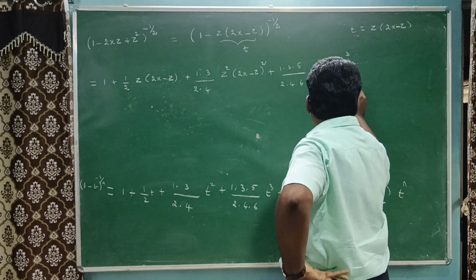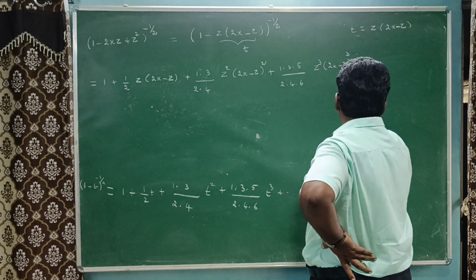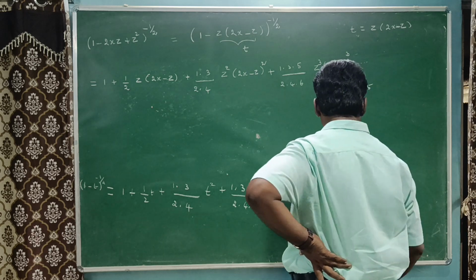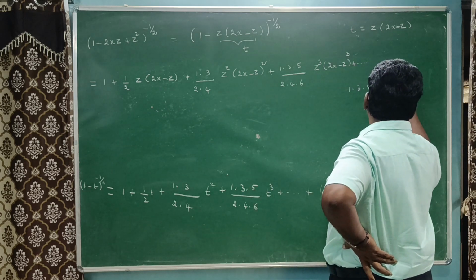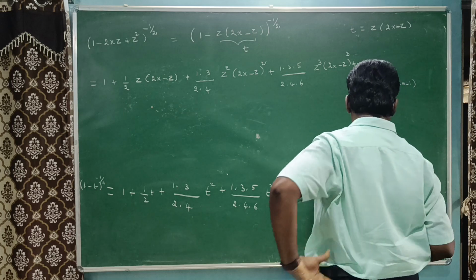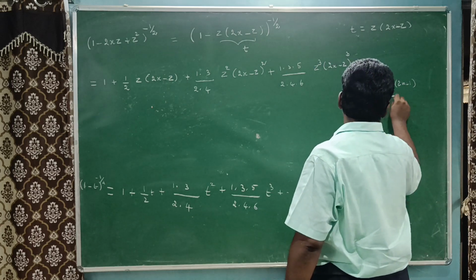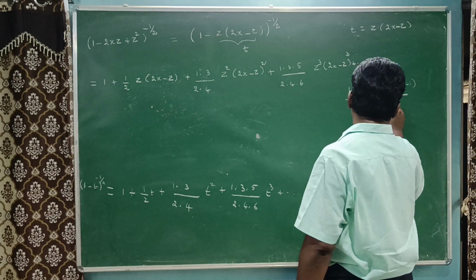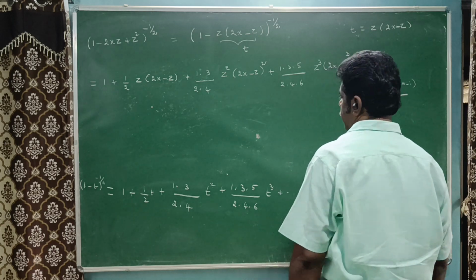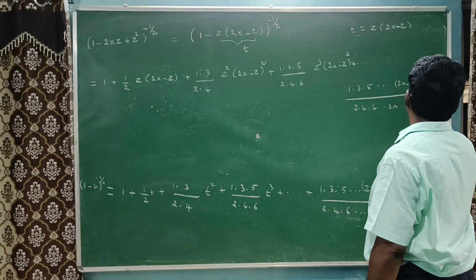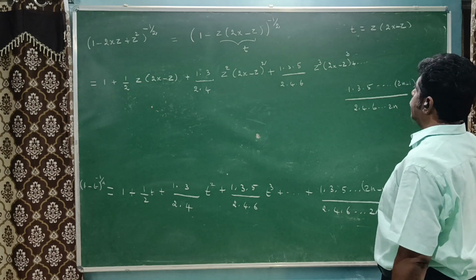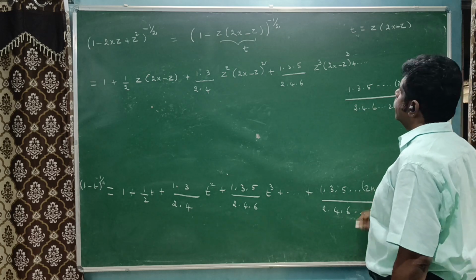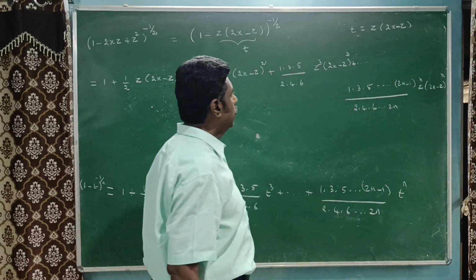The nth term is (1·3·5···(2n − 1))/(2·4·6···2n) t^n. The value of t^n is z^n (2x − z)^n.